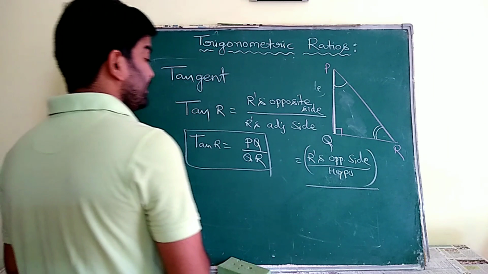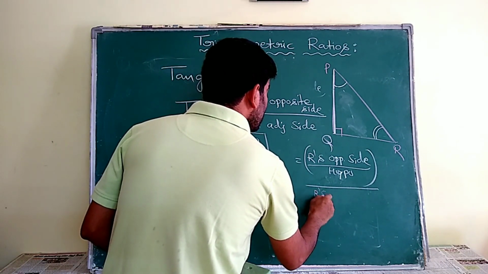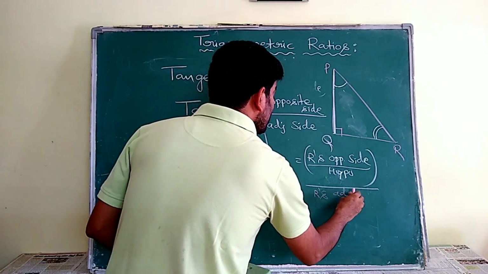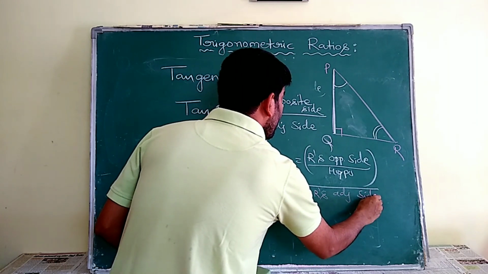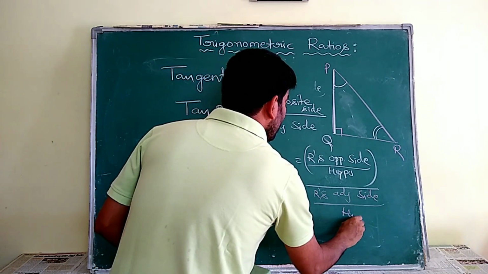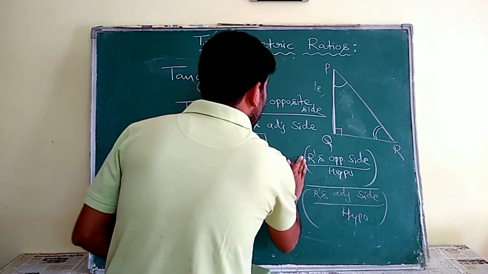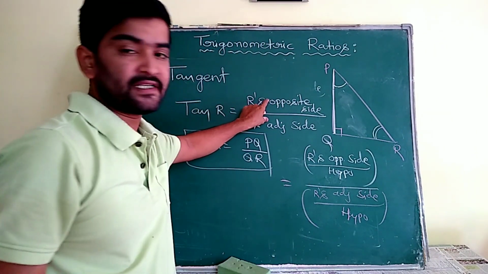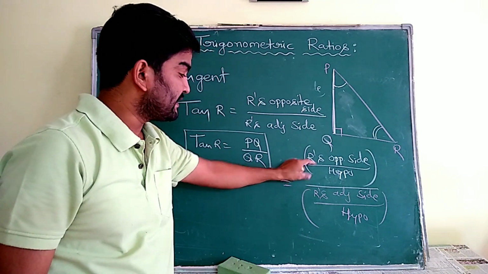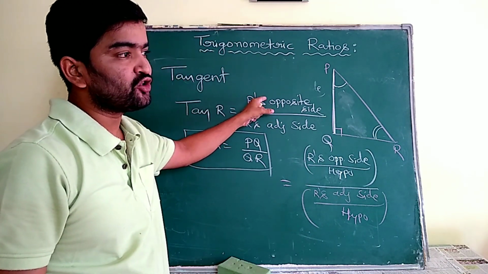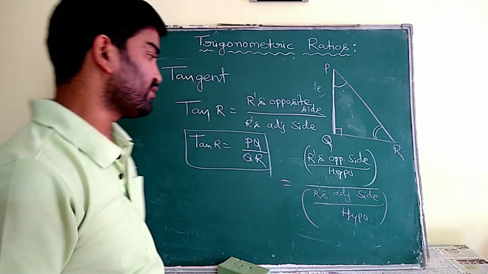whole by R's adjacent side by hypotenuse. Okay, see, this trigonometric ratio becomes like this whenever I divide the numerator and denominator with the hypotenuse.